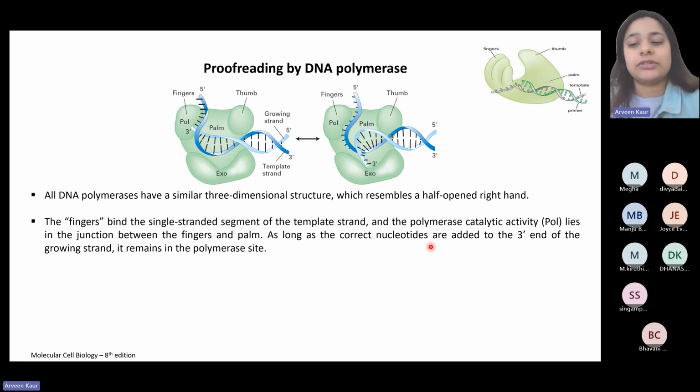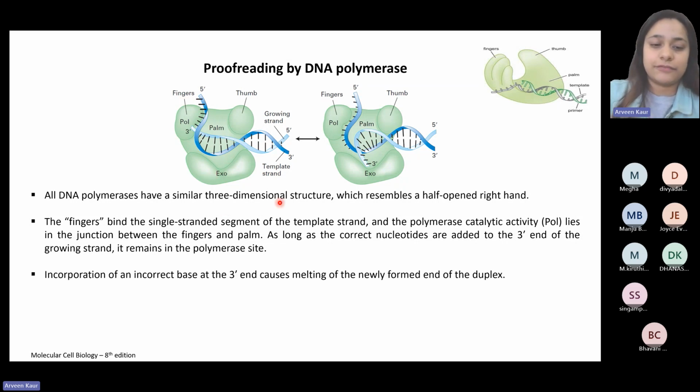As long as the correct nucleotides are added to the 3' end of the growing strand, it remains in the polymerase site. So as long as it is going correctly, everything is being added in a perfect way, it will remain in this particular site only. But sometimes, if there is an incorporation of an incorrect base at the 3' end, it causes melting of the newly formed end of the duplex.